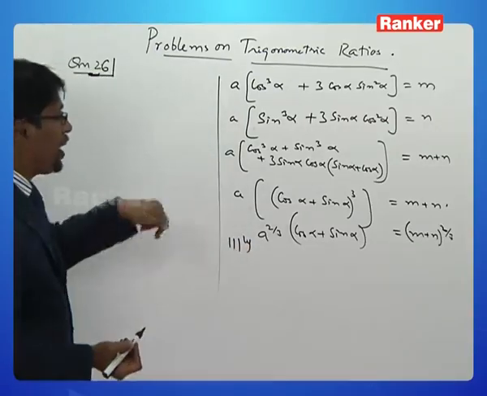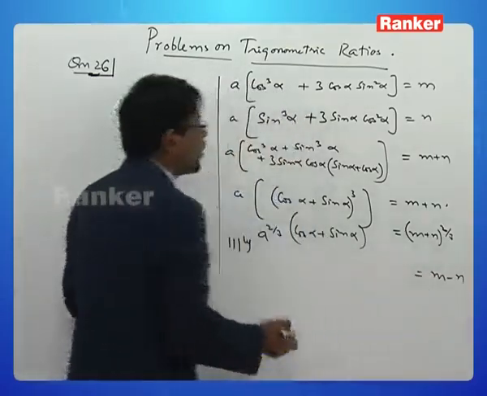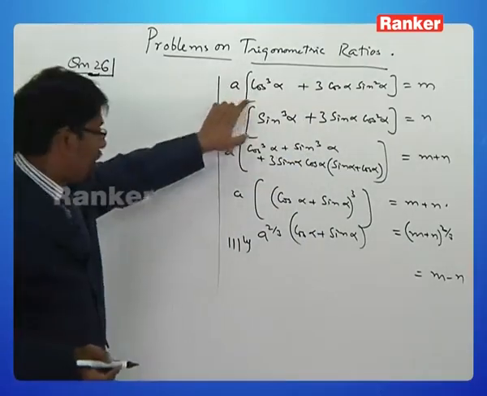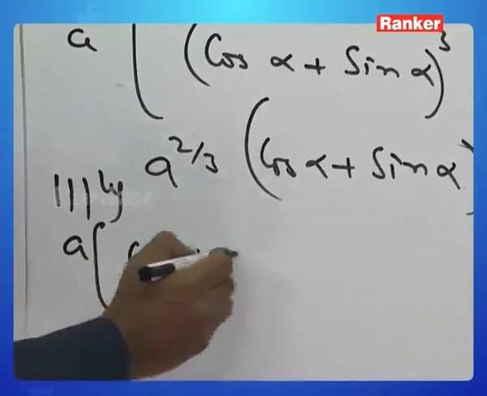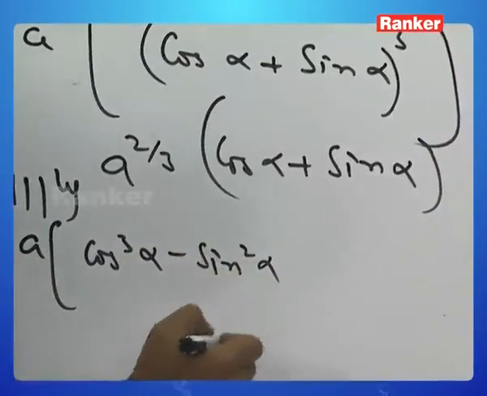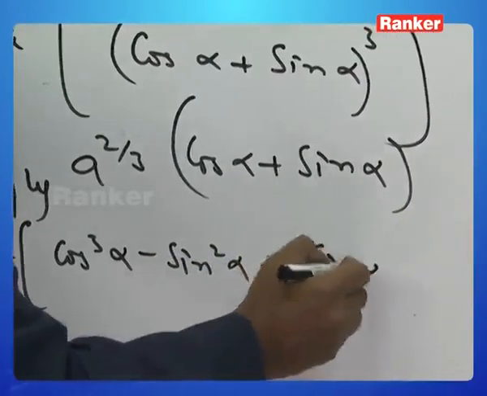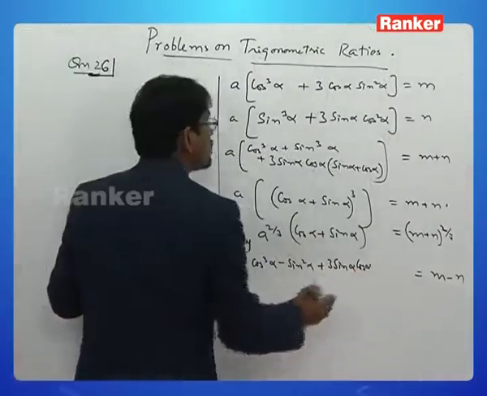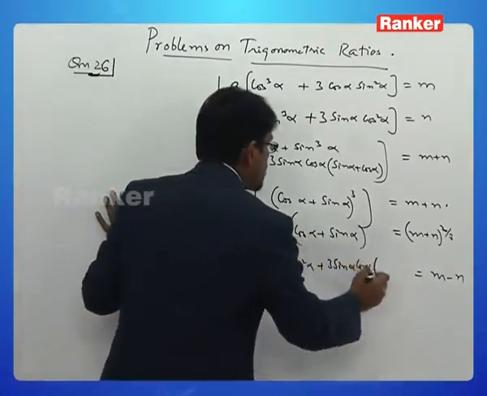Similarly, if you go for m minus n, what do you get? a into cos cube alpha minus sin cube alpha plus 3 sin alpha cos alpha into sin alpha minus cos alpha.